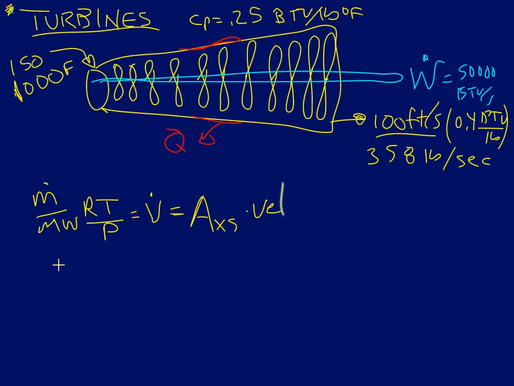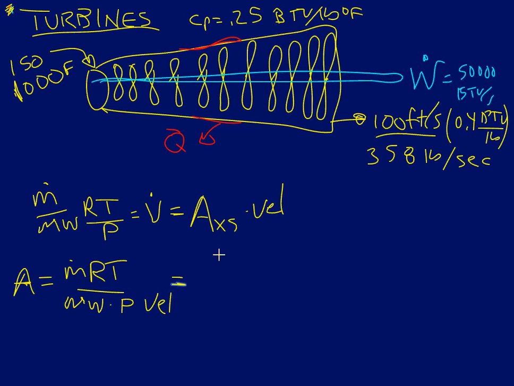So we can solve this for the cross-sectional area. The area is equal to m dot RT over molecular weight of air times P times the velocity in the denominator.